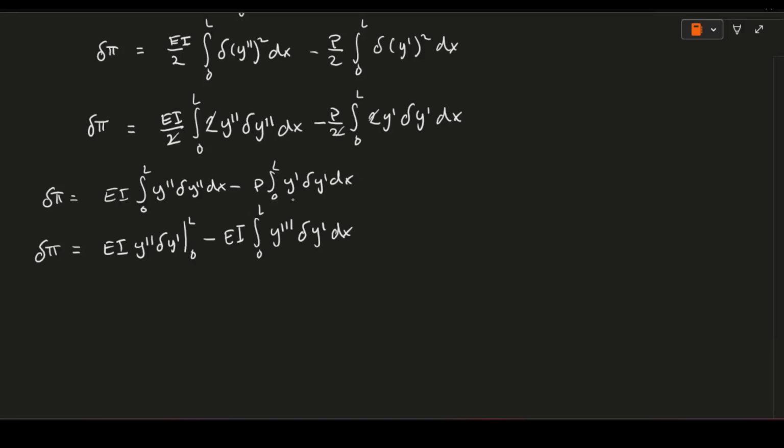The integration by parts done on the other term gives minus P, y prime del y from 0 to L, minus which is plus, integral from 0 to L of y prime prime del y dx. Now we only have to do integration by parts on this to get it in strong form.